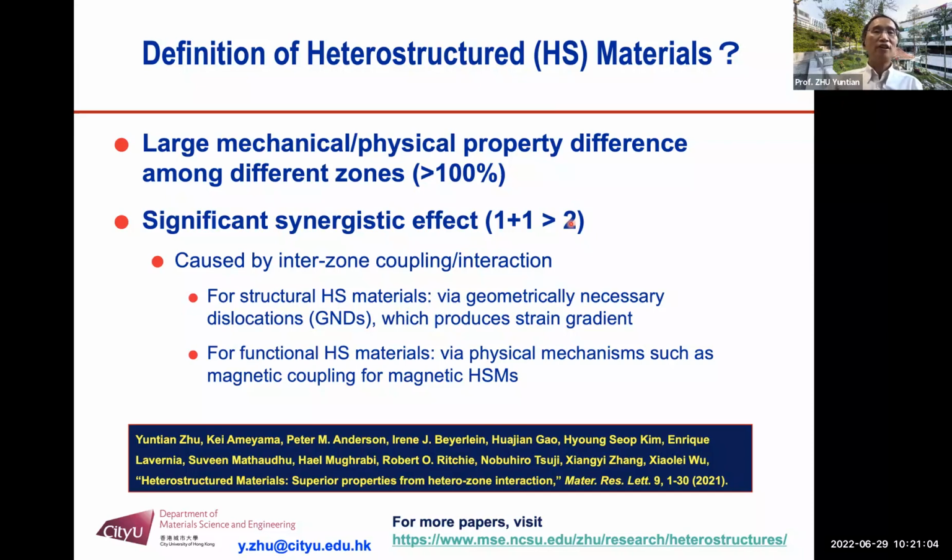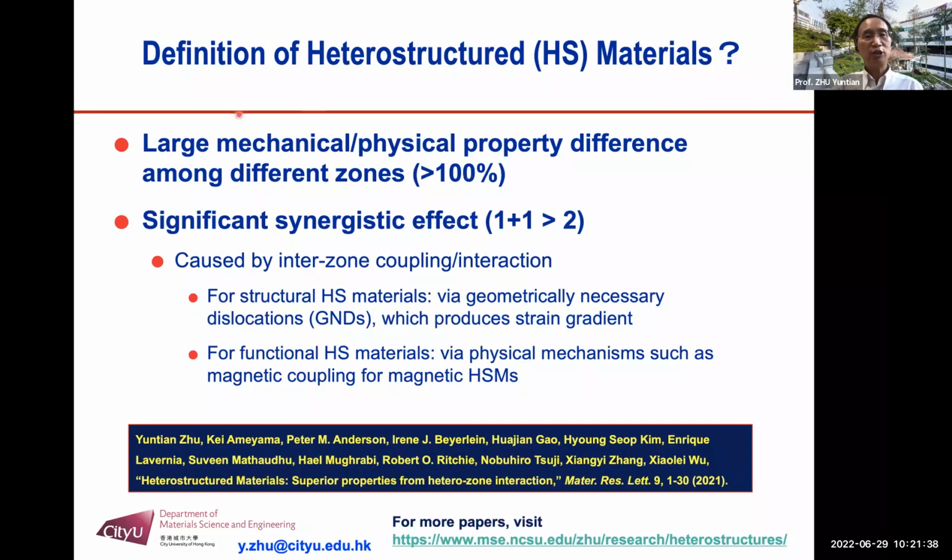They should have large mechanical or physical property difference among different zones, larger than 100%. Why 100%? Because it sounds like a good number. Just like nanomaterials, they use a definition of 100 nanometers as the limit, because it's easy to remember.